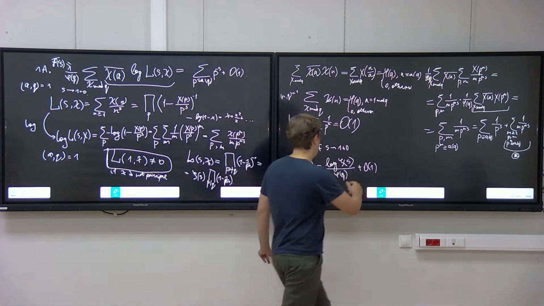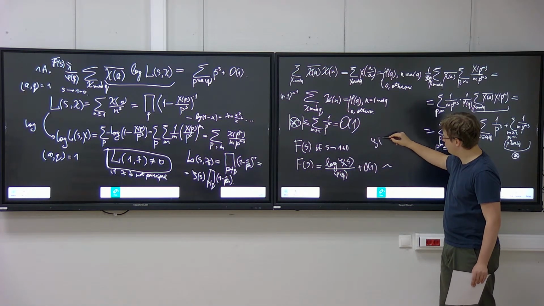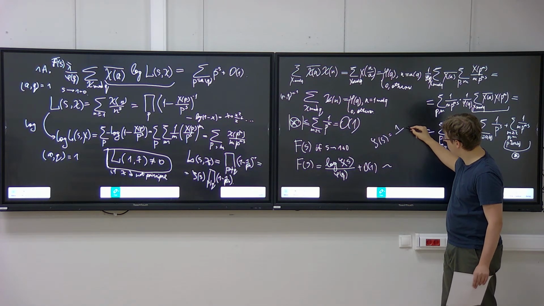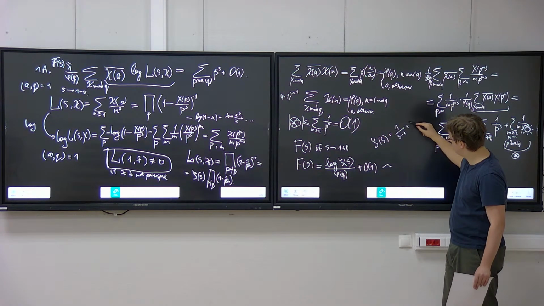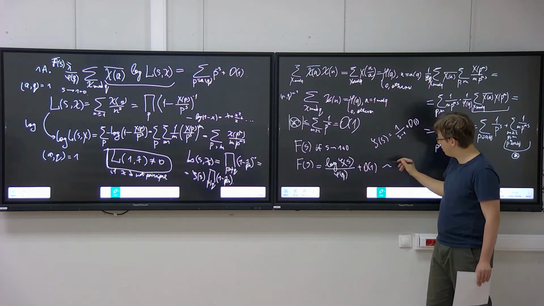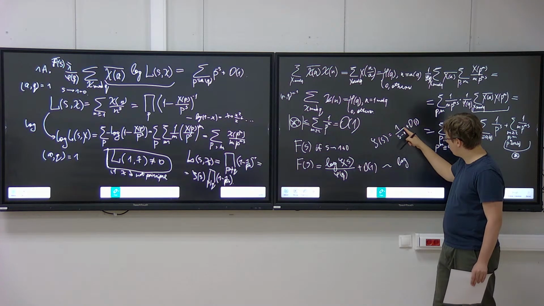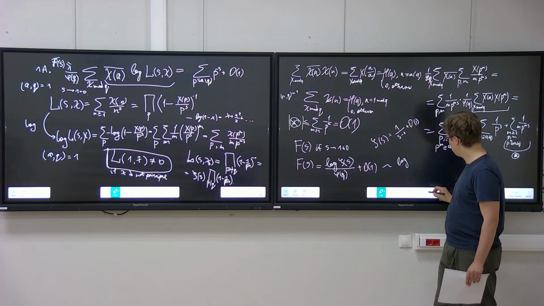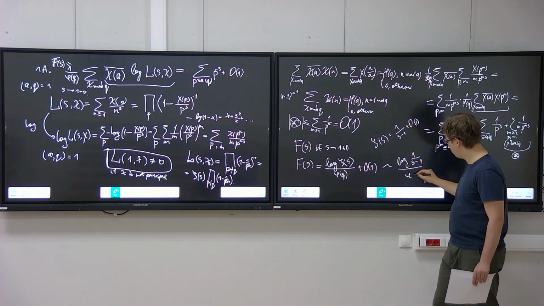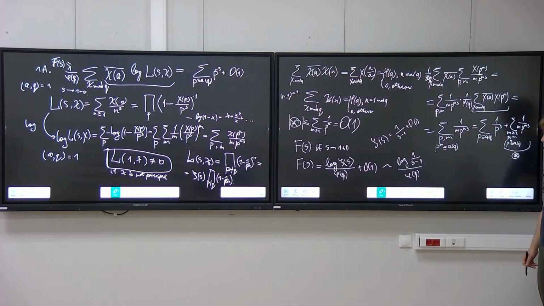And finally, what this behaves like when s turns to 1? Zeta of s, we know that it has a pole, yes? It's 1 over s minus 1 plus O of 1. And hence, this behaves like the logarithm of 1 over s minus 1, times 1 over phi of q. Agree?